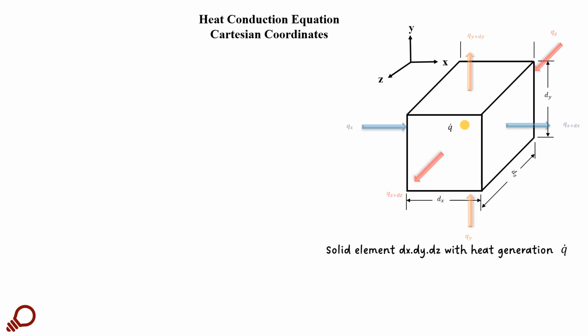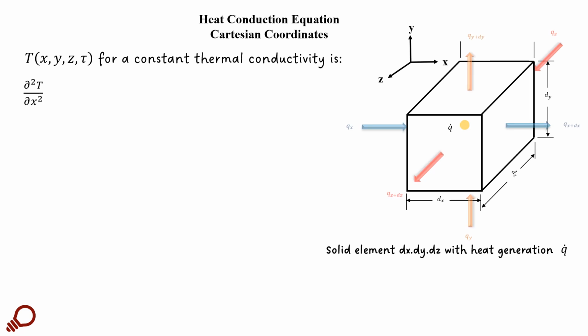This equation was derived in a previous episode in the form: partial squared T with respect to x squared plus partial squared T with respect to y squared plus partial squared T with respect to z squared plus q dot divided by k equals 1 by alpha partial T with respect to tau.